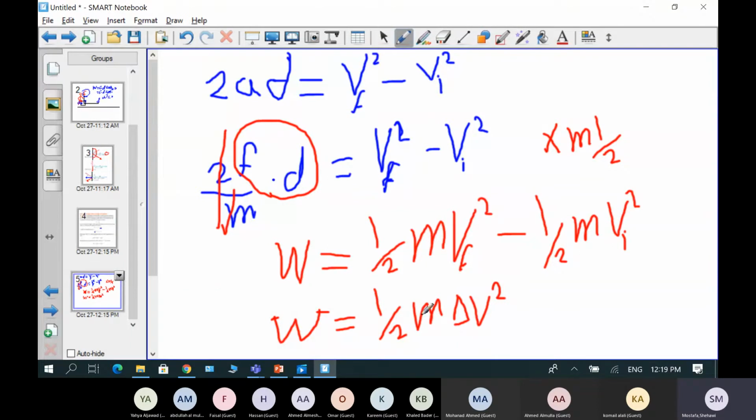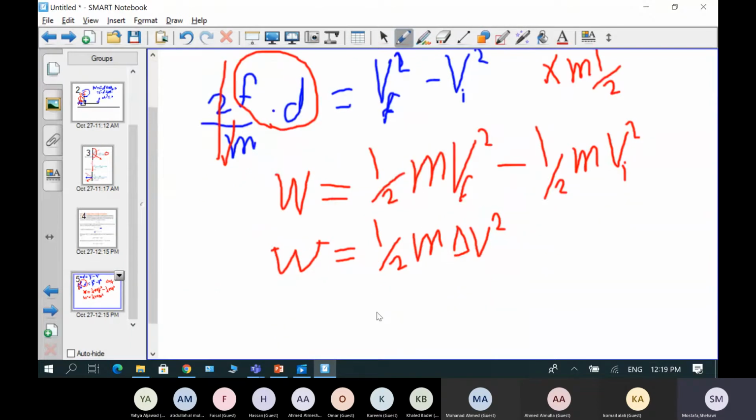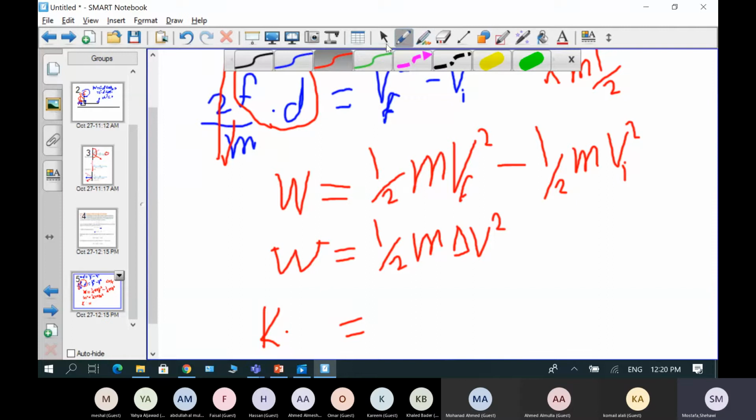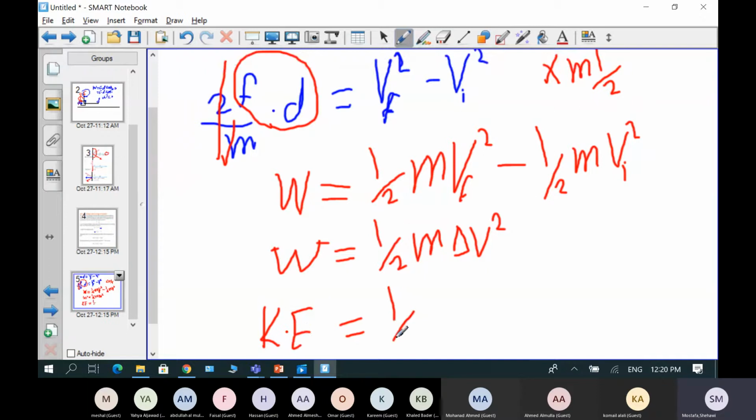And kinetic energy is equal to half m v squared.